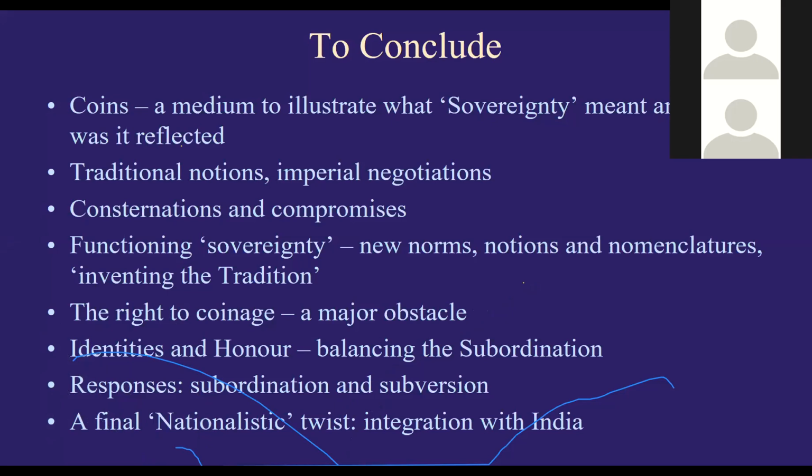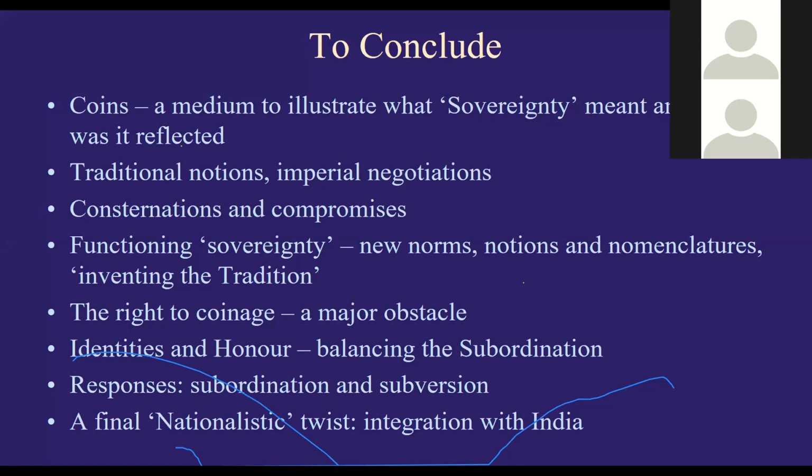As we saw, the right to coinage was a major obstacle in this story. The very act of issuing coinage was seen by the paramount power as something not desirable, which made very interesting twists and turns in these stories.